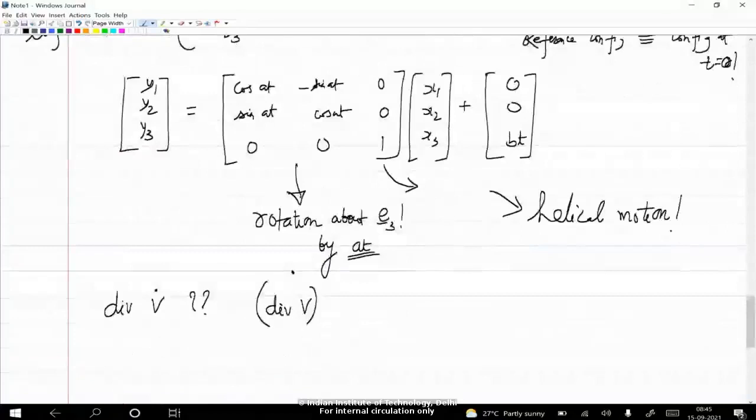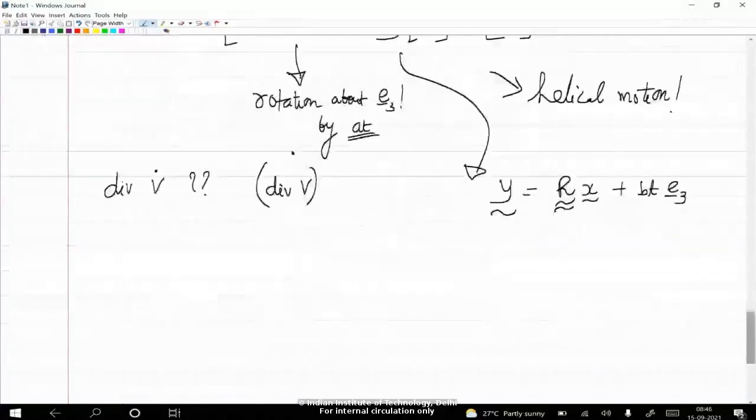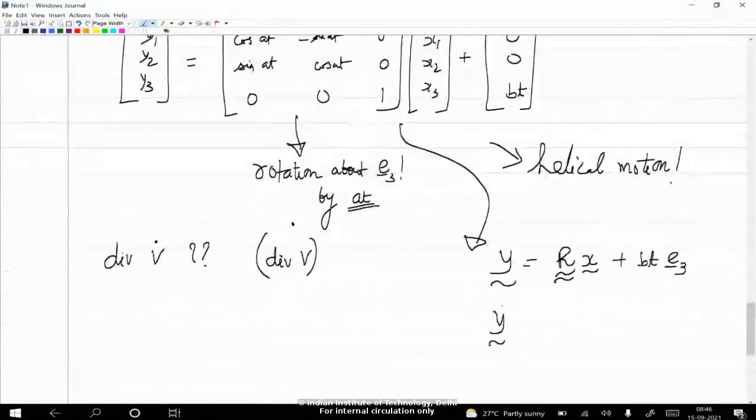So having seen this matrix form, you can also write it in tensor form. Y is equal to this rotation big R times x plus b e3, isn't it? So what is then y dot?